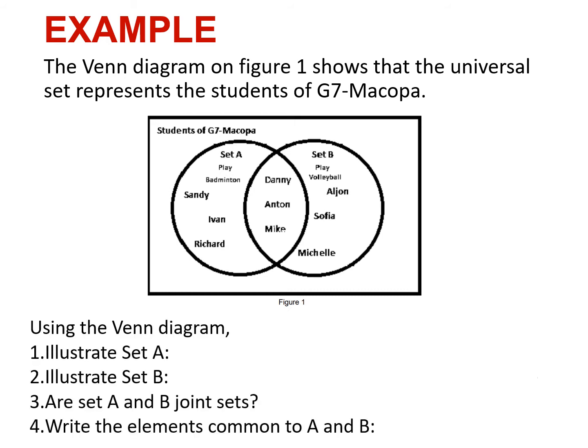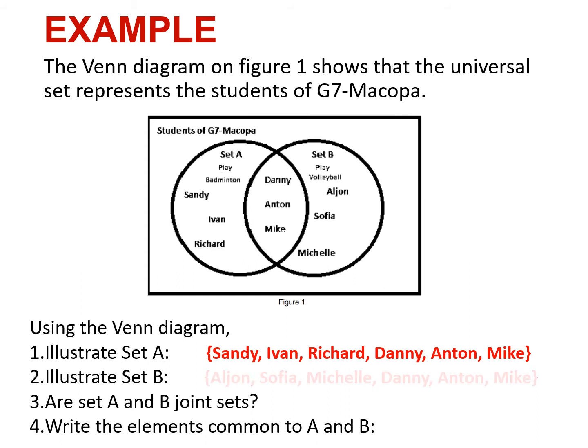So, using the Venn diagram, how will we illustrate set A? So, in set A, we have Sandy, Ivan, Richard, Danny, Anton, and Mike. Kasama sina Danny, Anton, and Mike kasi nasa loob sila ng circle ng set A. How about illustrating set B sa number 2?